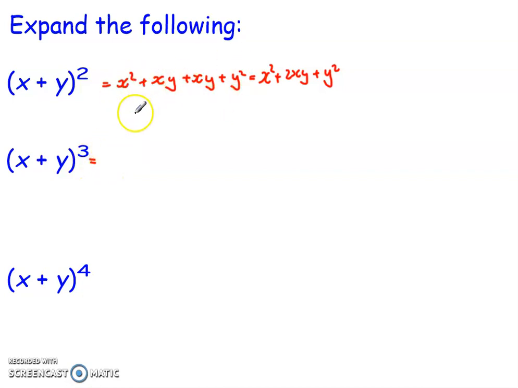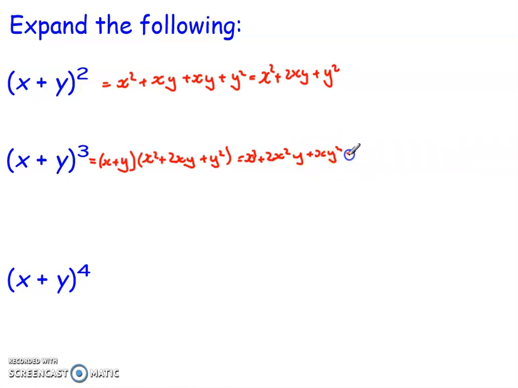x plus y cubed, it's not too bad. It's just an extension of this because we're multiplying this answer by another bracket. So we've then got x plus y times the x squared plus 2xy plus y squared. If I multiply that out, I get x cubed plus 2x squared y plus xy squared.